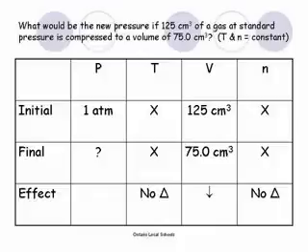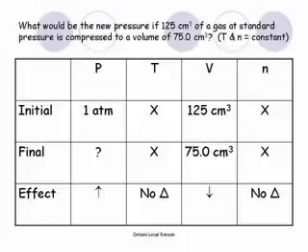Again, for temperature and number of moles, we just put an X there. And then our final volume is 75 cubic centimeters. We put a downward arrow representing the fact that the volume is decreasing. That's our change. And in the next slide, we'll evaluate what the effect of that change would be.